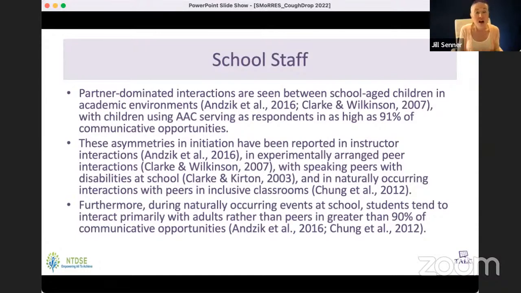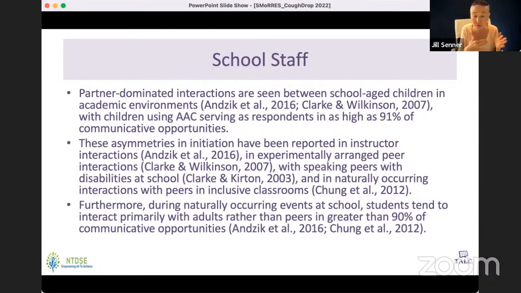What that means is that children who use AAC serve as respondents in as high as 91% of communicative opportunities. That's a lot.